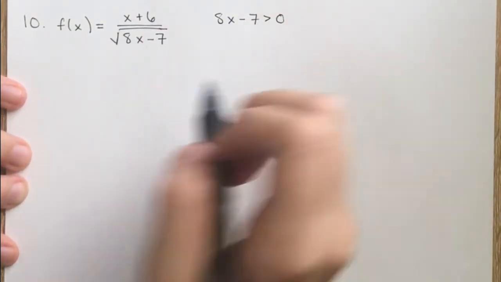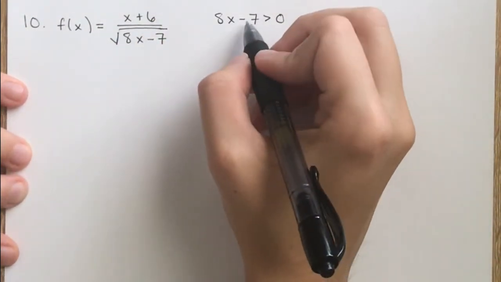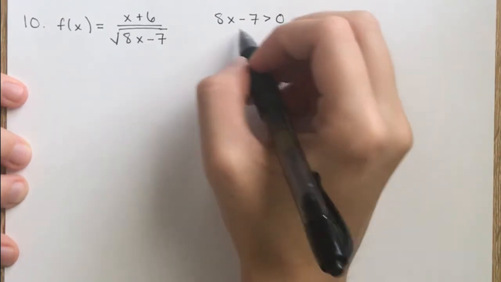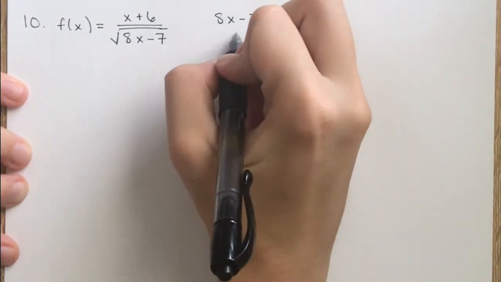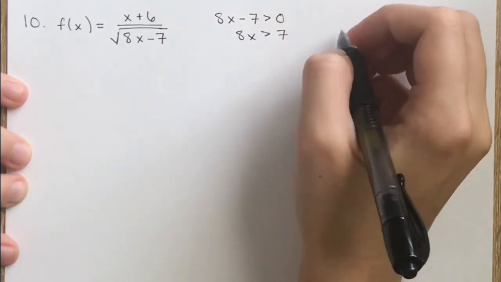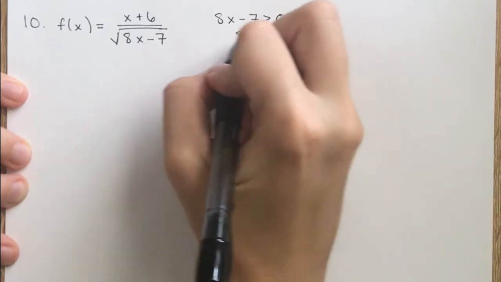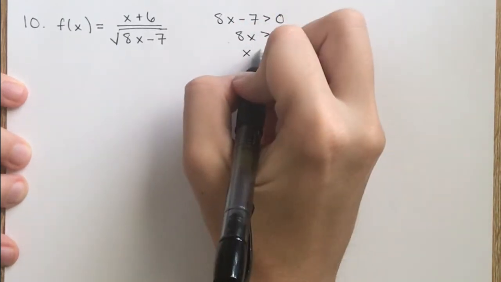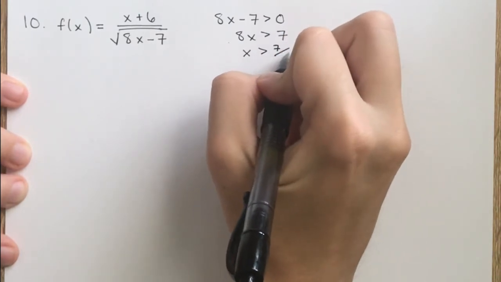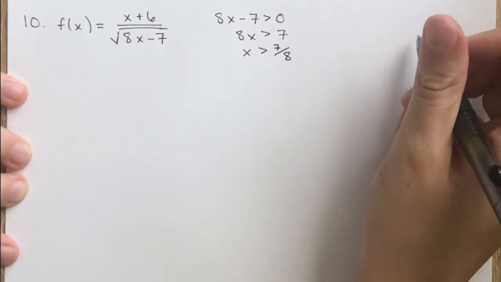So when we solve for x here, we can add 7 to both sides. We get 8x is greater than 7, and then we divide by 8. 8 is positive, so we don't have to flip anything, and we get x is greater than 7/8.